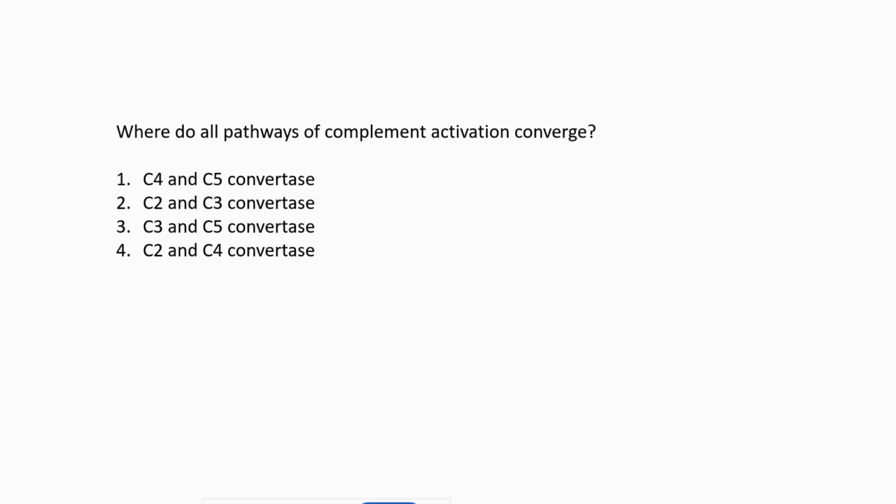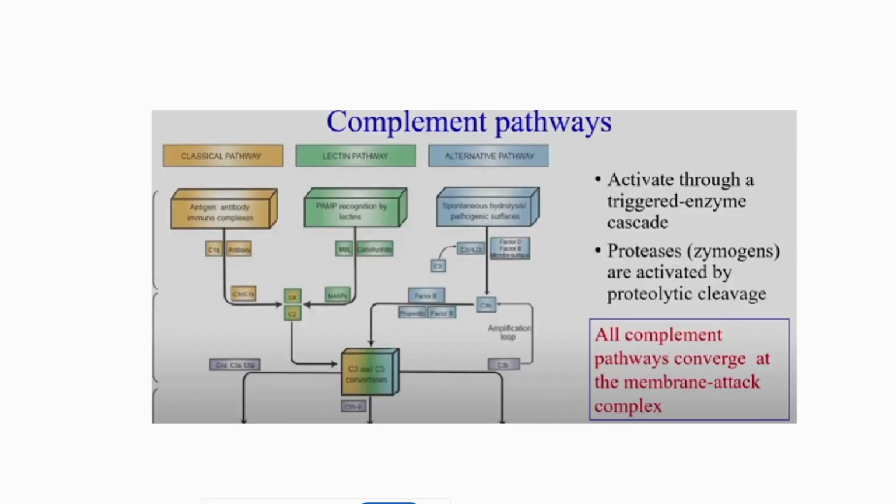Do you want to answer, Sakshi? I don't know this. Okay, the correct answer here would again be option 3, C3 and C5 convertases. The lectures show the classical pathway, the lectin pathway, and the alternative pathway. All of them converge at the C3 and C5 convertases.